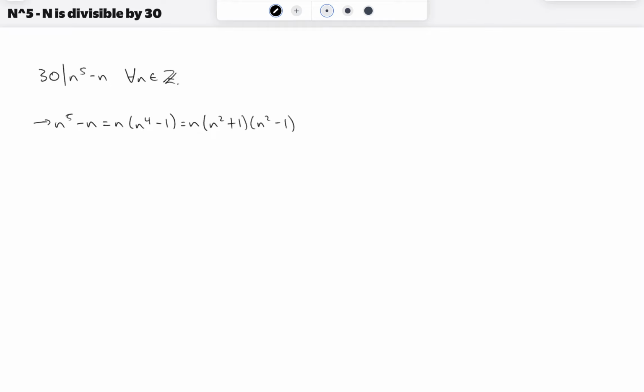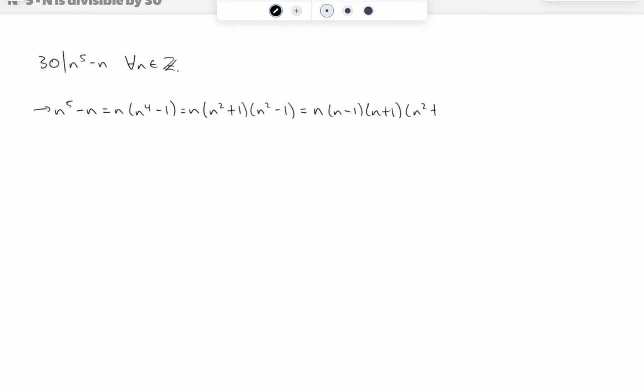So we're using a difference of 2 squares and splitting it up that way. And then we could use that again for this factor here. We could rewrite it as n minus 1, n plus 1, and leave the factor n squared plus 1.